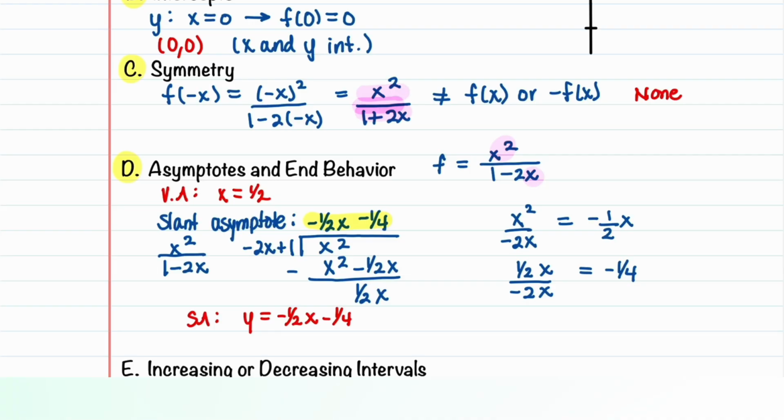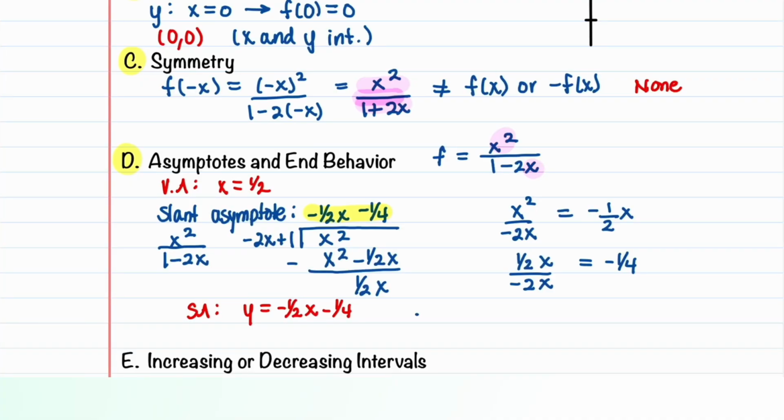Now we also have to think about end behavior. To find the end behavior, let me write this down. We only need to look at the leading term in the top and the bottom. So we can say f is approximately x squared over minus 2x, and this is minus 1/2 x.